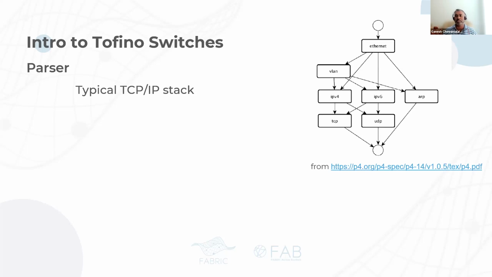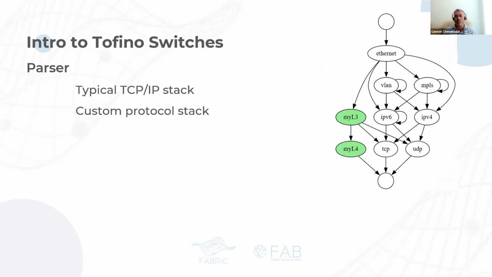For example, it starts getting into Ethernet, and then whether it has a VLAN header, IPv4 header, or IPv6 header, based on the branching condition, it is going to go to the appropriate next state, and then it is going to extract the respective header. So that's the parser graph in short.